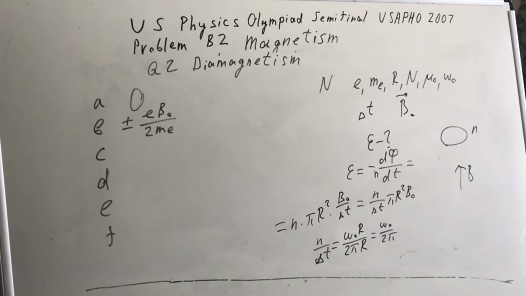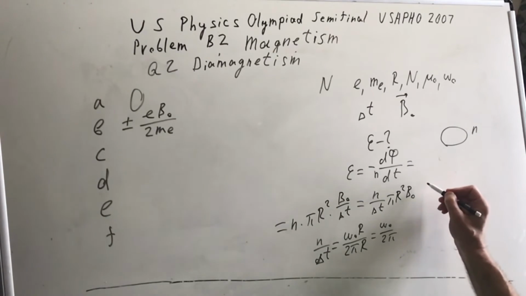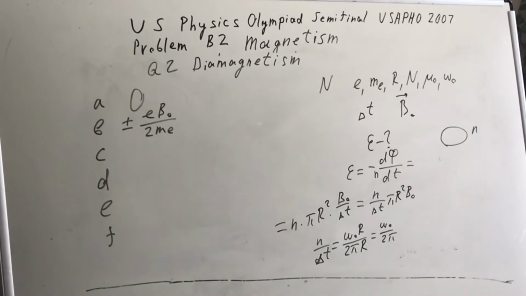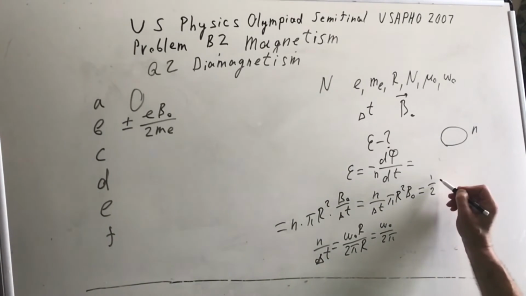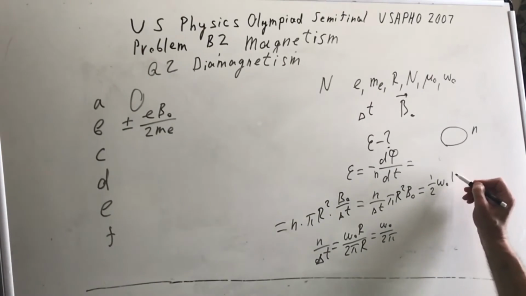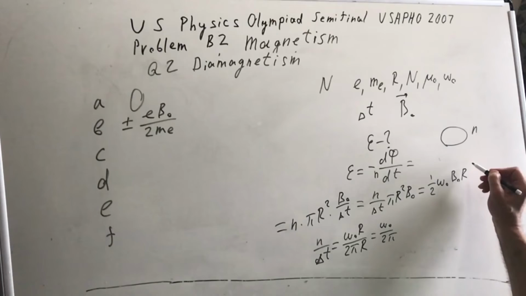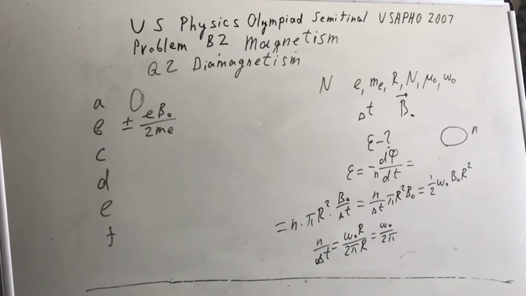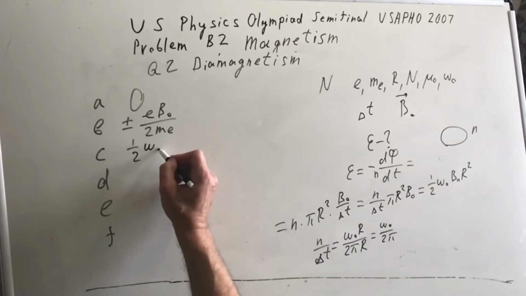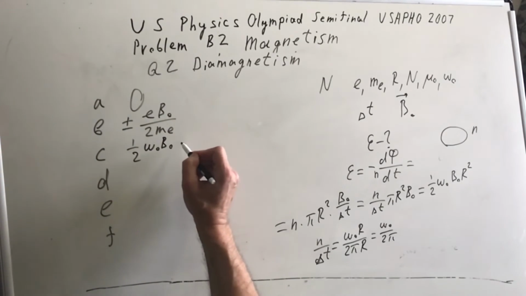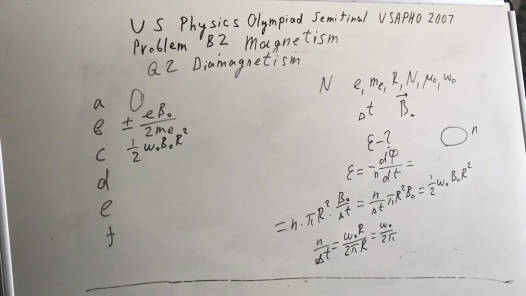And this is what we put here. The pi and pi cancel, and we have one half omega 0 B0 r squared. So that's the answer: EMF equals 1/2 omega 0 B0 r squared.